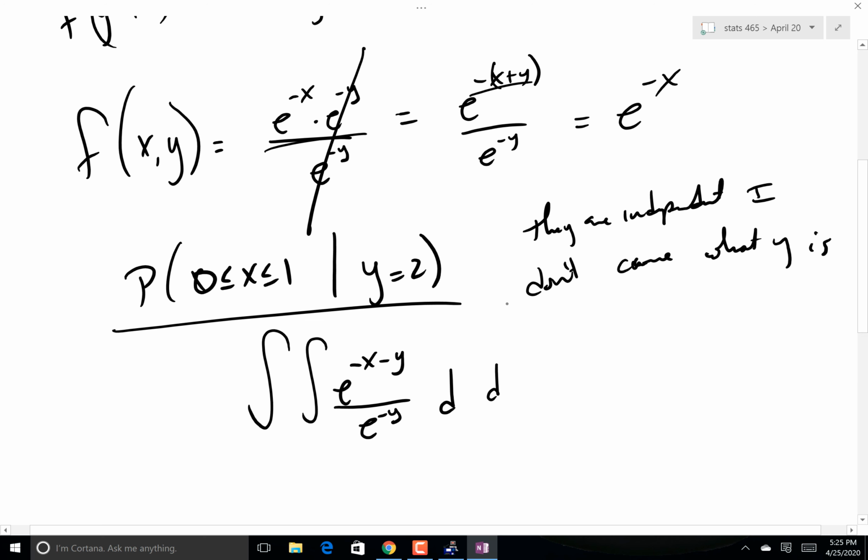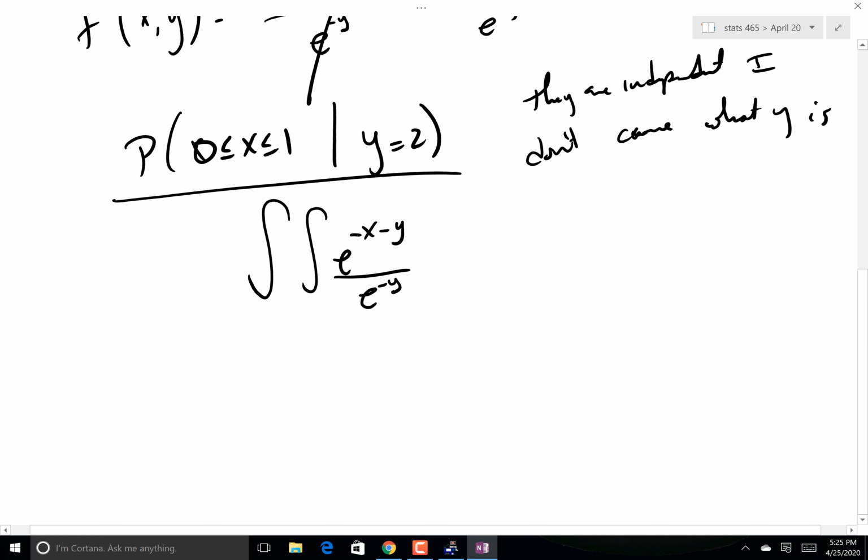Well, I can do it either way, but I would set it up like this first, and then I'd be like, oh, wait a minute, check it out, these guys cancel off, so what I'm really left with is just one integral now.